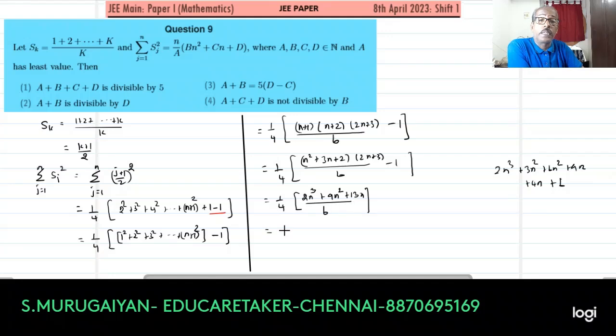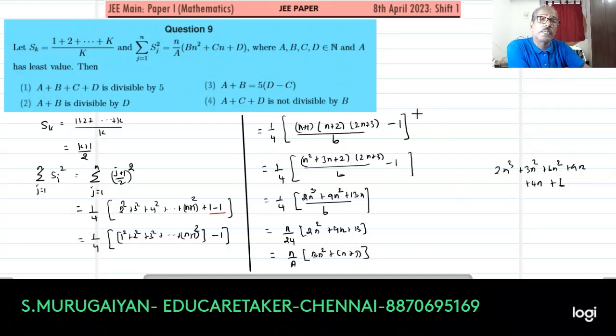Then if we take n common factor outside, n by 6 into 4, 24, 2n square plus 9n plus 13. Comparing with the given result, this should be equal to n by a, bn square plus cn plus d.